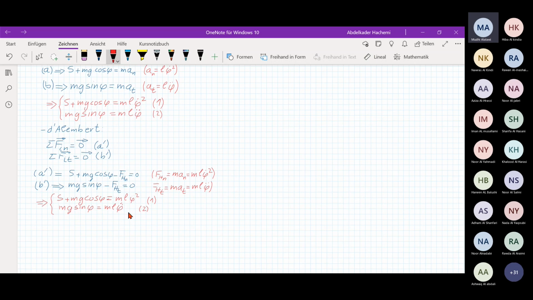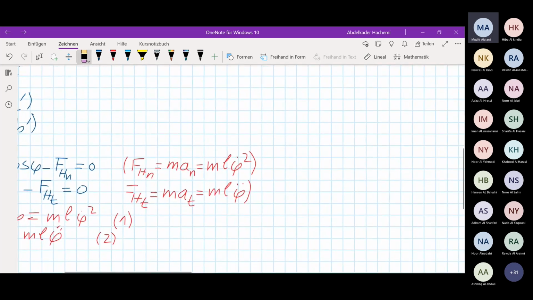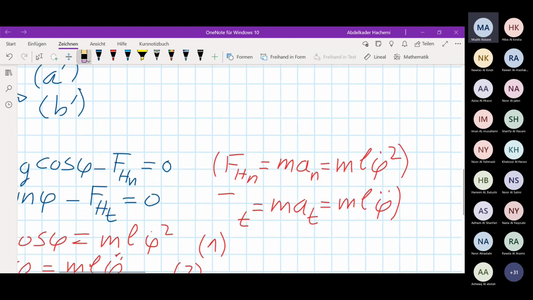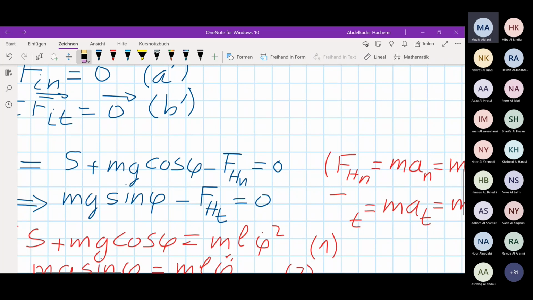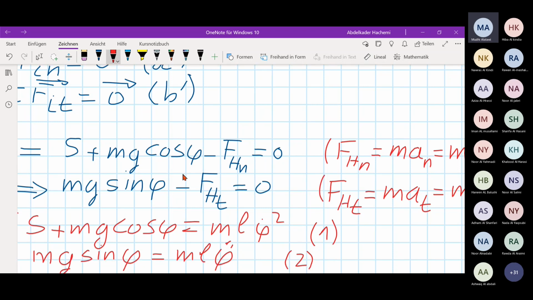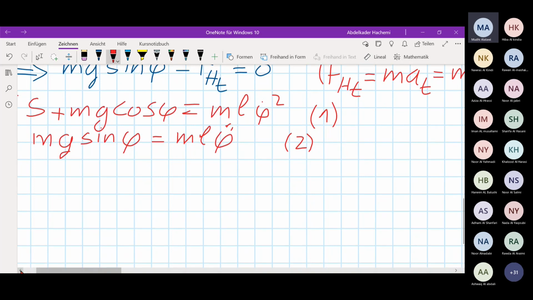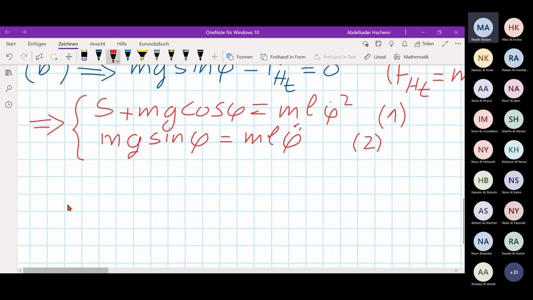Now, looking at the second equation, we see that there is the mass on both sides, so we can cancel it from the left and the right.